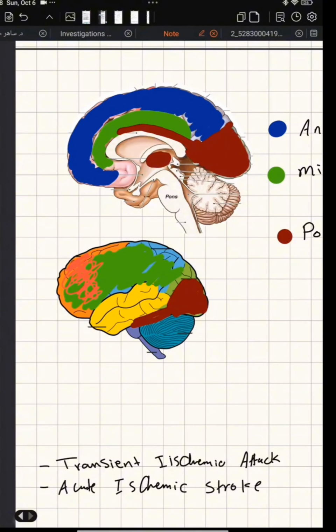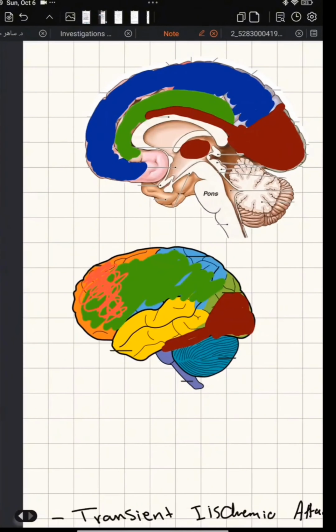The medial side of the frontal lobe, the primary motor cortex, is supplied by the anterior cerebral artery, okay? The medial side controls the muscles of the leg, while the lateral surface of the frontal lobe controls the muscles of the arms and face, okay? The medial surface is supplied by the anterior cerebral artery, while the lateral surface is supplied by the middle cerebral artery.